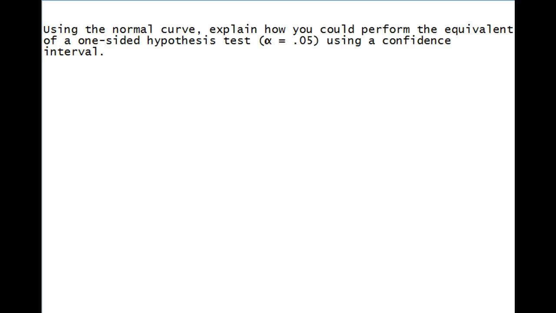In this example, we're going to use the normal curve to perform a one-sided hypothesis test at alpha is 0.05, but we're going to use a confidence interval to do it.